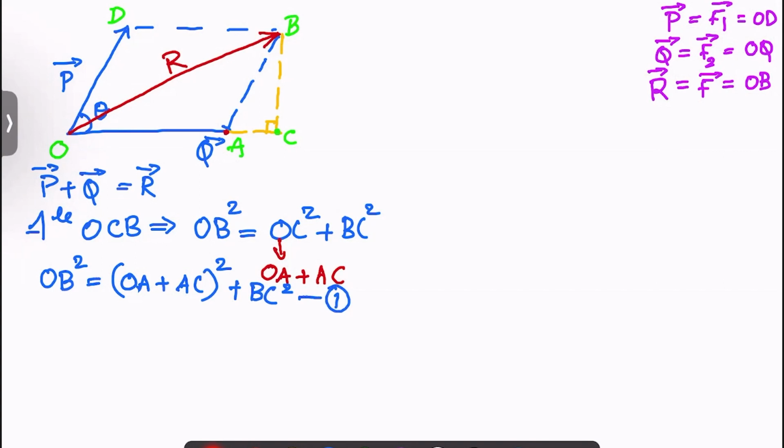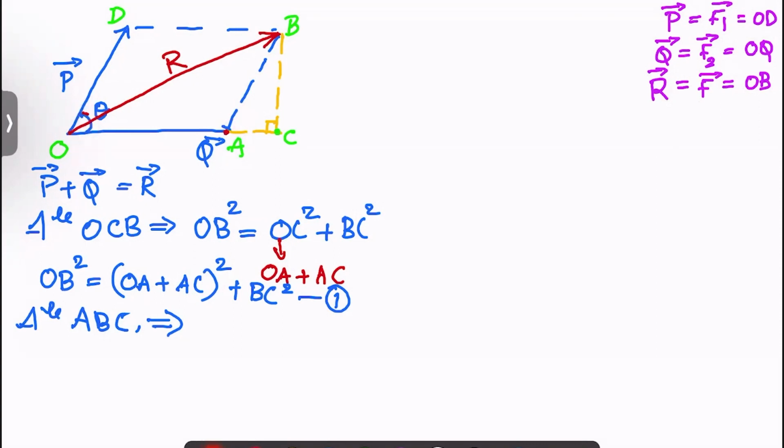Now, from triangle ABC, we can find this AC, right? So, triangle ABC, we can write something about this. Before that, if this angle is theta, what will be this angle?